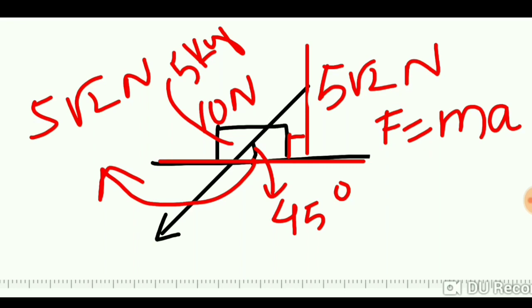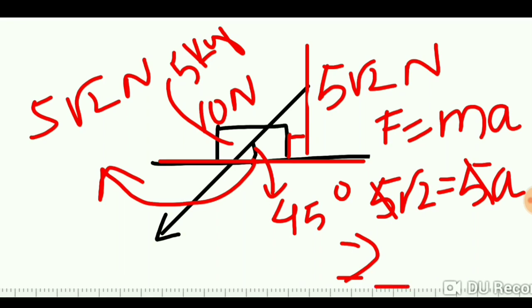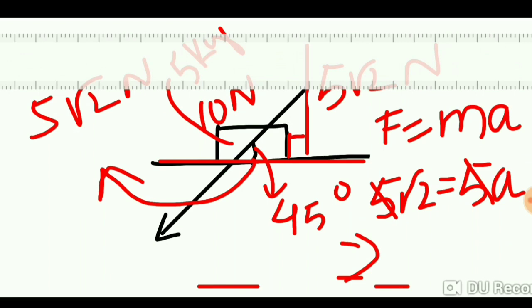So we have the force on the x component, which is actually pushing the box, 5 root 2. We know the mass, which is 5 kgs, and the acceleration. So 5 cancels out, and that means A is root 2 meters per second square.